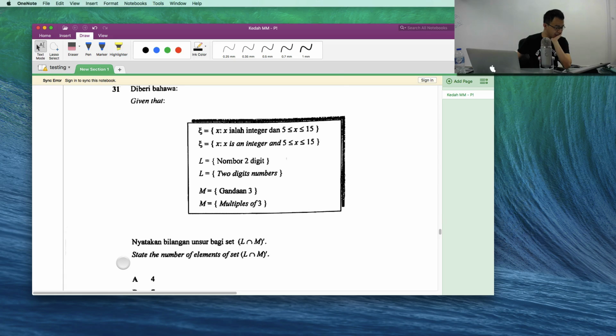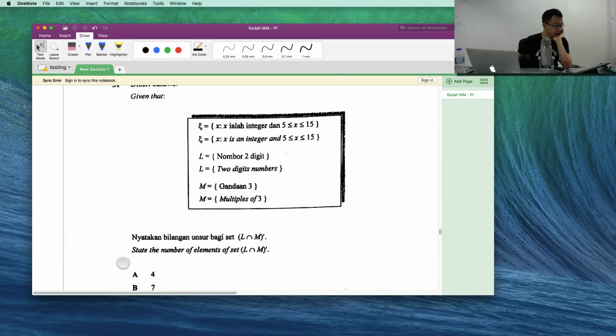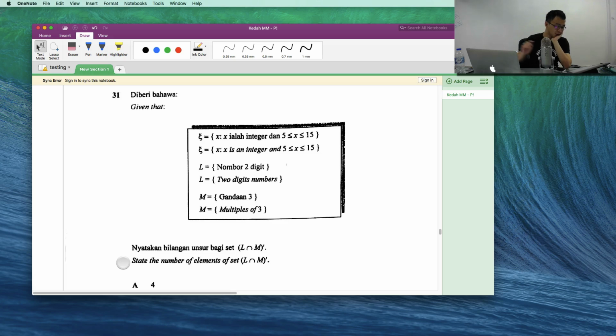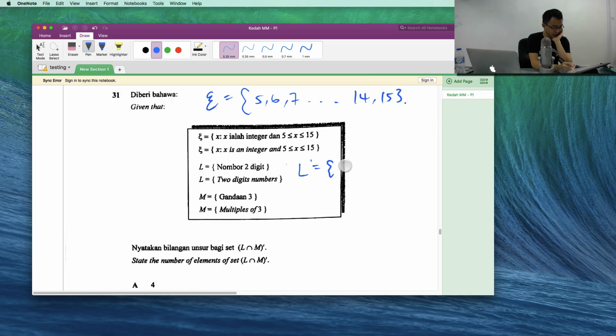State the number of elements in L intersect M complement. So we have to list down the universal set. No, the universal set starts from 5, so it is 5, 6, 7 until 15. L is 2-digit numbers, so L is any 2-digit number.